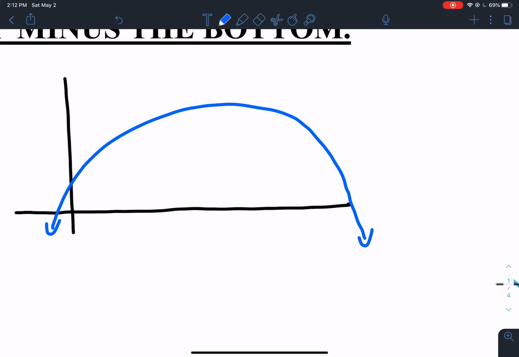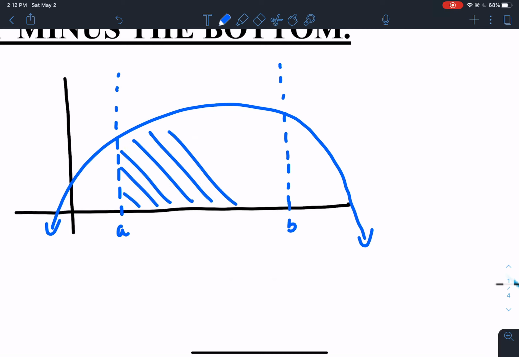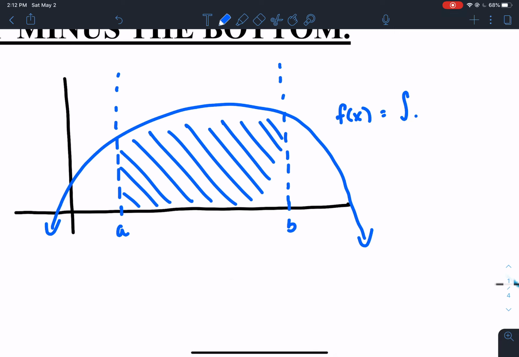Okay, and then if I said, I want you to go from, say, this point to this point, you would do the definite integral from a to b, and that would give you the area as you work your way down from the curve all the way to the x-axis. So that would give you the area from a to b of f of x, right?